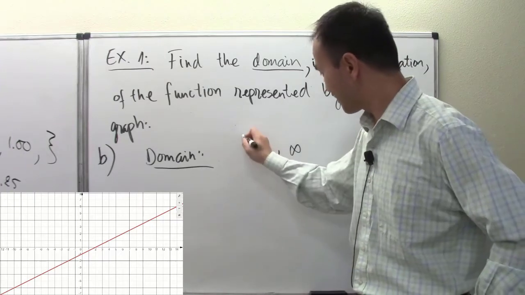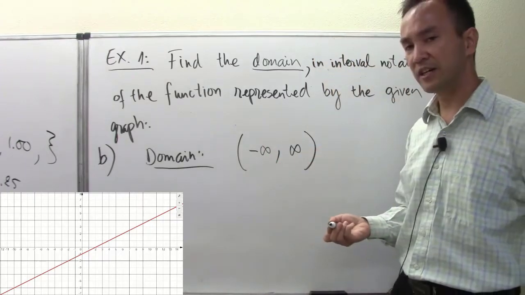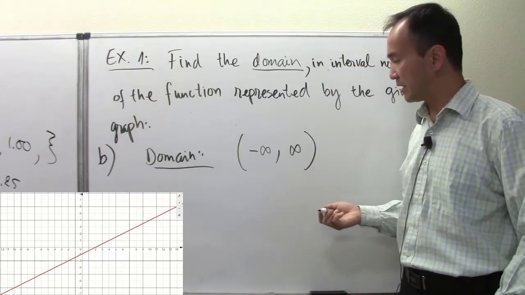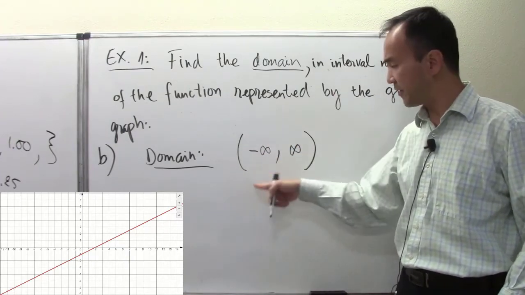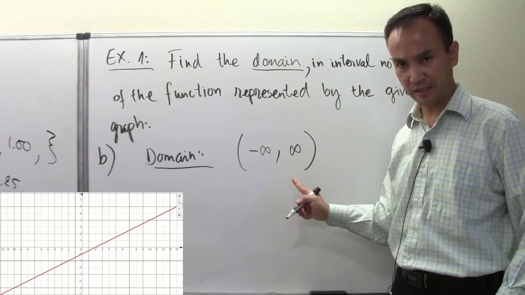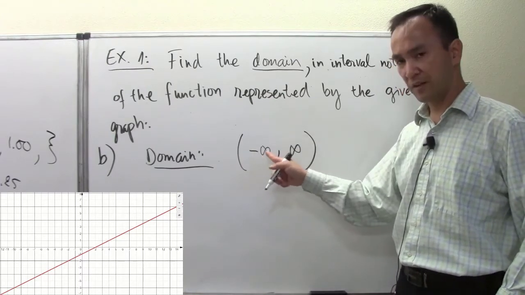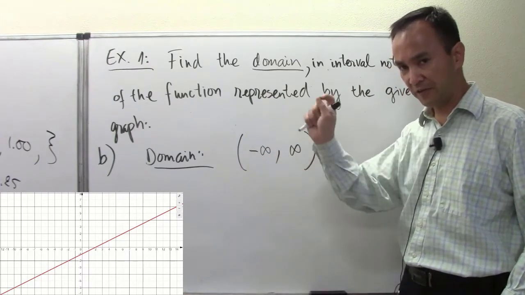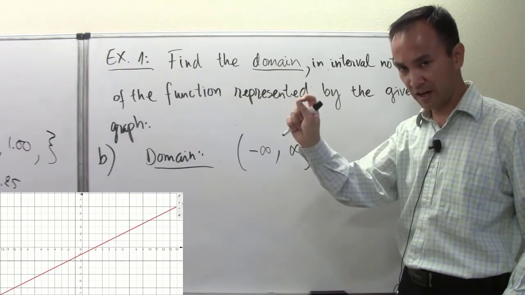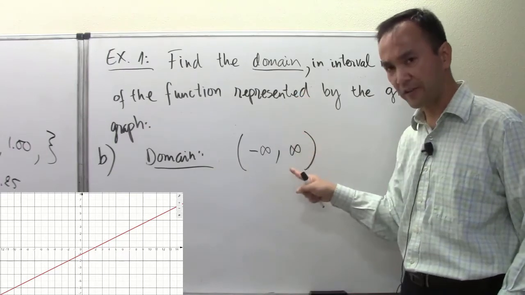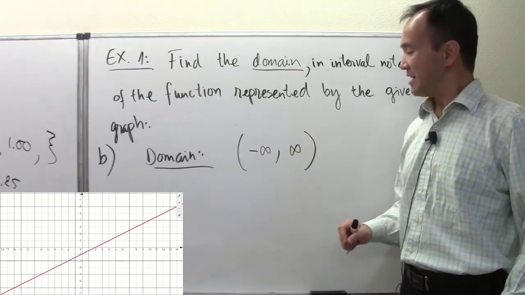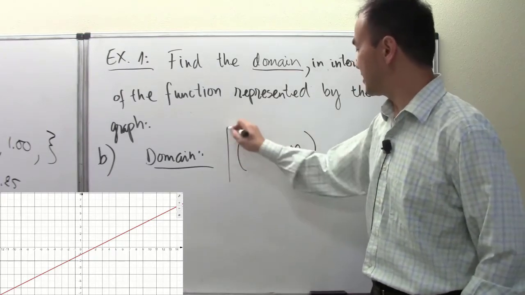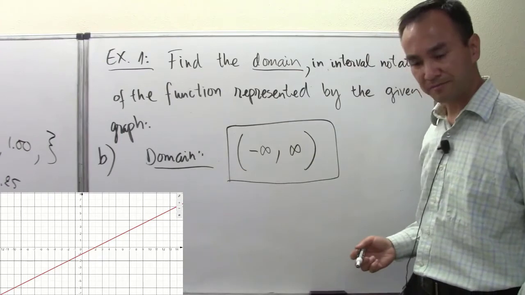And we've learned from the previous algebra course that for an interval that has the infinity symbol, we use a parenthesis, because infinity itself will never be a finite value, so we cannot include infinity. It's always going to be parentheses. And so that's our answer in interval notation.